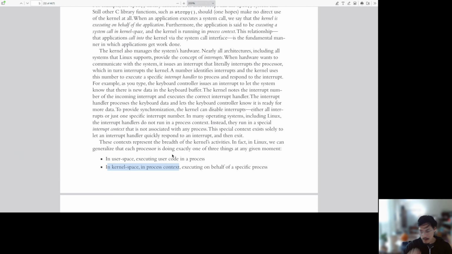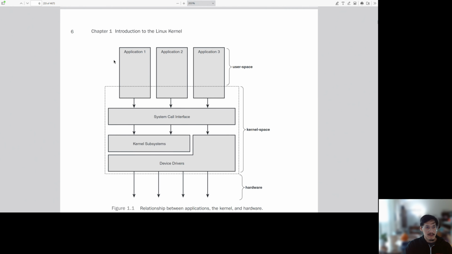Okay, so here is user space where all your applications live. Here in this dotted box is the kernel space, and these are the system calls that applications use to interface with the kernel. Any application can invoke some system call, and then the kernel is going to be able to do stuff because of that.